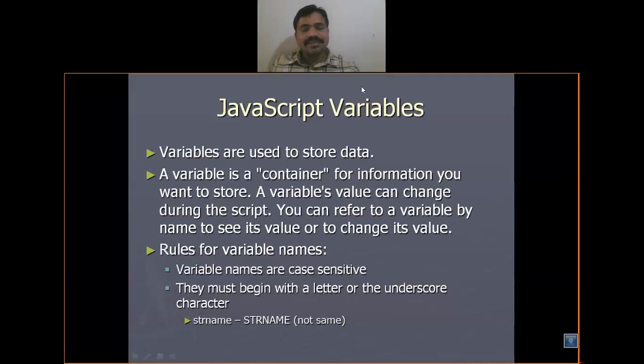Case sensitive means that you can write an alphabet as a capital letter or as a small letter. The ASCII code for a capital letter starts at 65, and for a small letter it starts at 97.